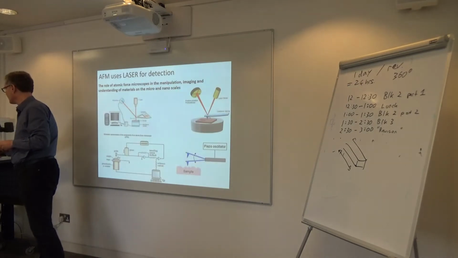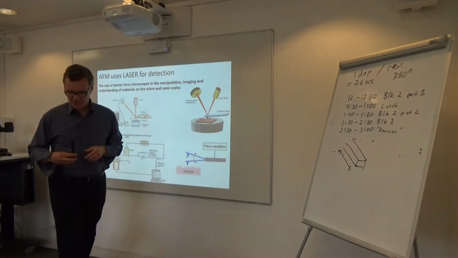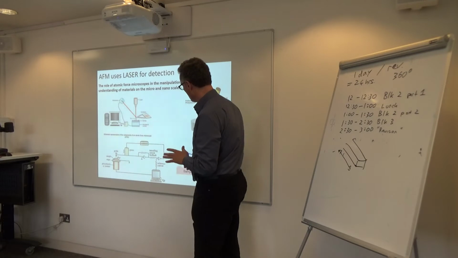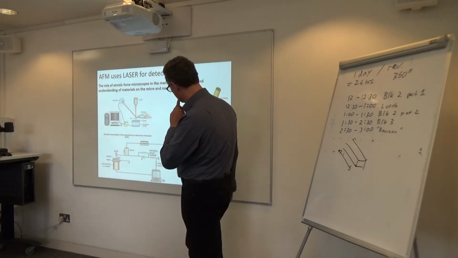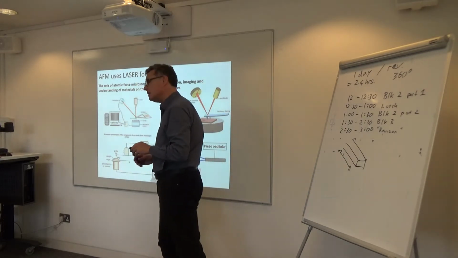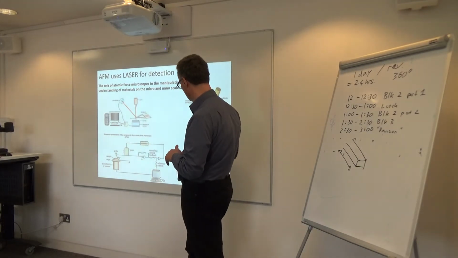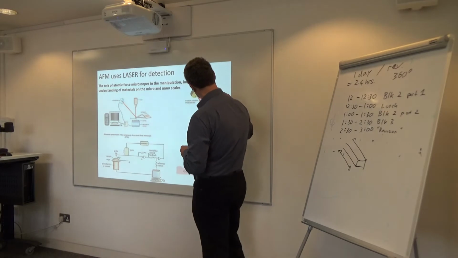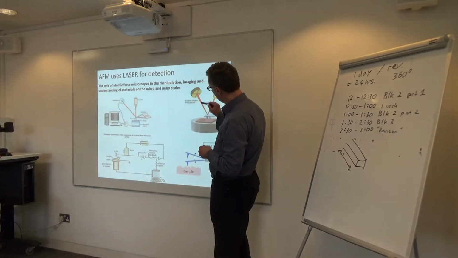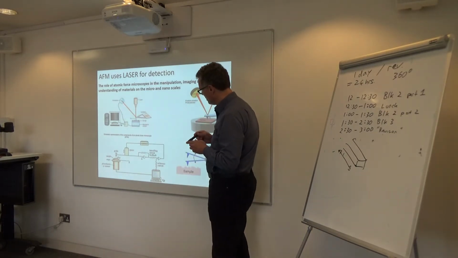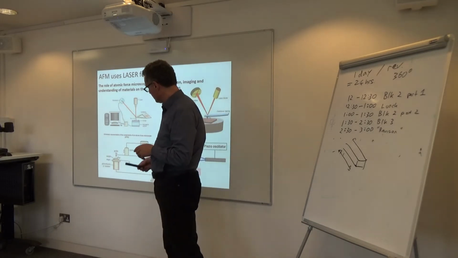Being able to sketch up a thing like this, what's going to be important to get full marks, I think, would be to mention PZT material, how you move your AFM tip around. Describing that the laser comes off, goes up to a photodiode, and that it's going to be operated by a computer.